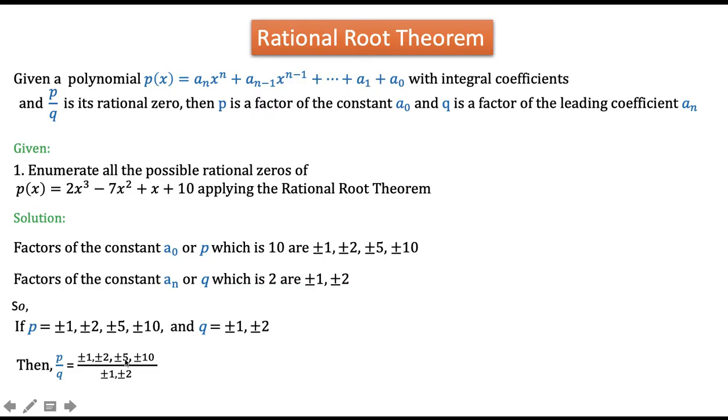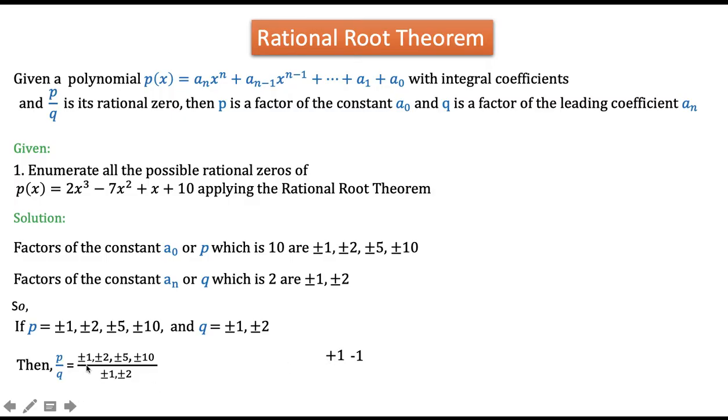So let's get started. Positive 1 times positive 1, so that is positive 1. Negative 1 times negative 1 is positive 1, and negative 1 multiplied by positive 1 gives us negative 1, so we don't need to write it again. Negative 1 times negative 1 is positive 1, so no need to write it again because it's already here.